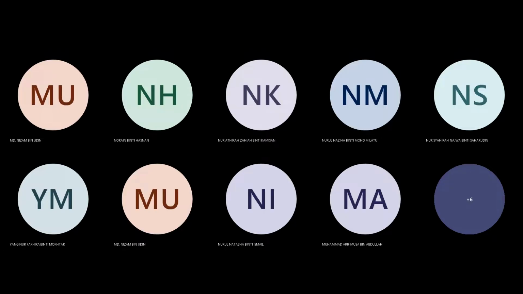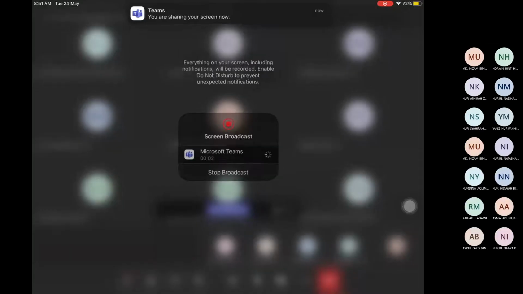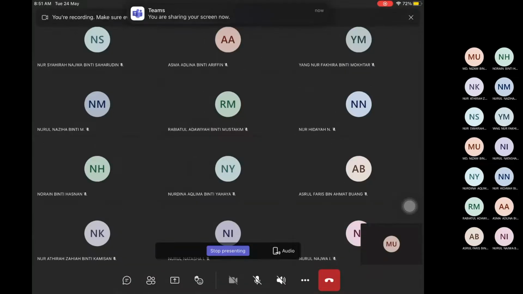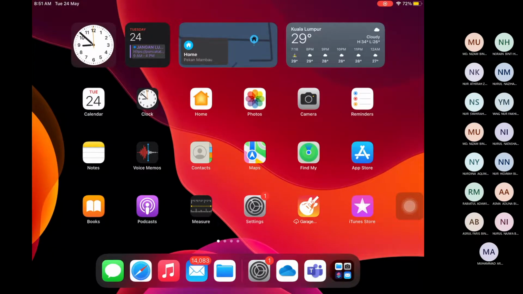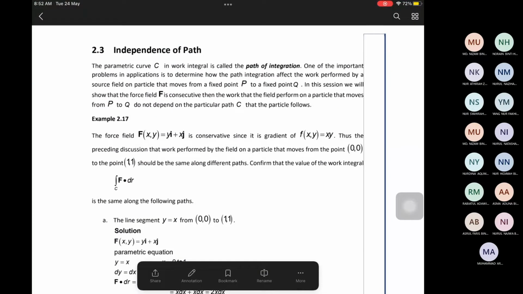Okay, jadi kita nak tengok lah sama ada effect of the work done ataupun line integral apabila force field tu adalah conservative.